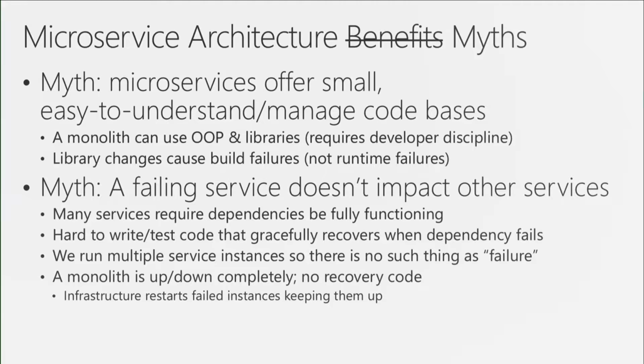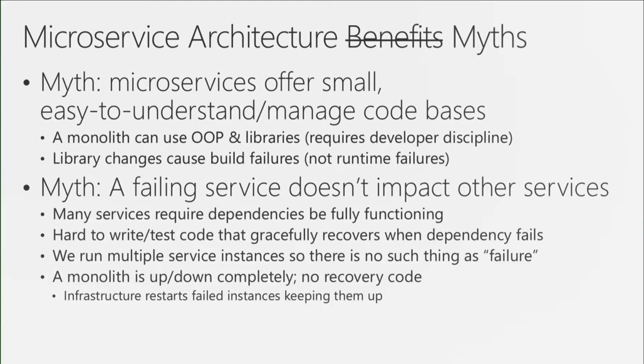And we run multiple service instances, so there's no such thing as failure. In a lot of these cloud worlds, and it's certainly true of Service Fabric, you usually have multiple instances of the microservice running. So if one of the instances fails, the system that you're using will restart that service and keep it running again. So it's not like it's not running for a long period of time. And there's multiple instances of it, so then network requests can go to an instance that's up instead of the one that's down. So again, this failing service doesn't impact others is kind of a myth as well because of that.